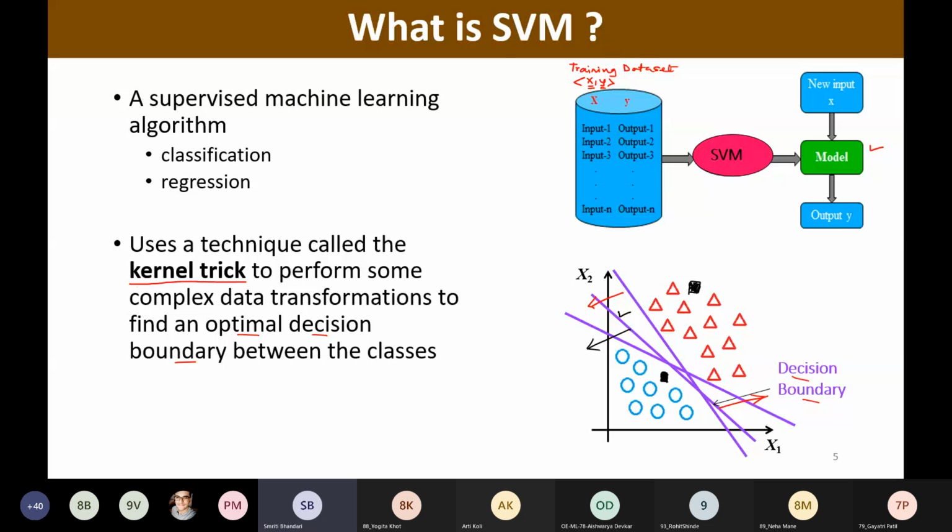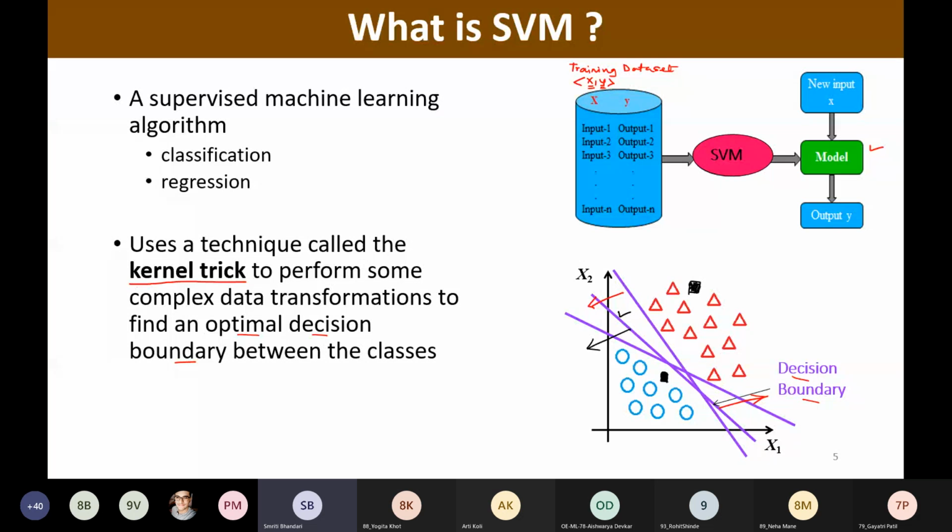Similarly, our support vector machine is a technique that is using kernel tricks to perform some complex data transformations.